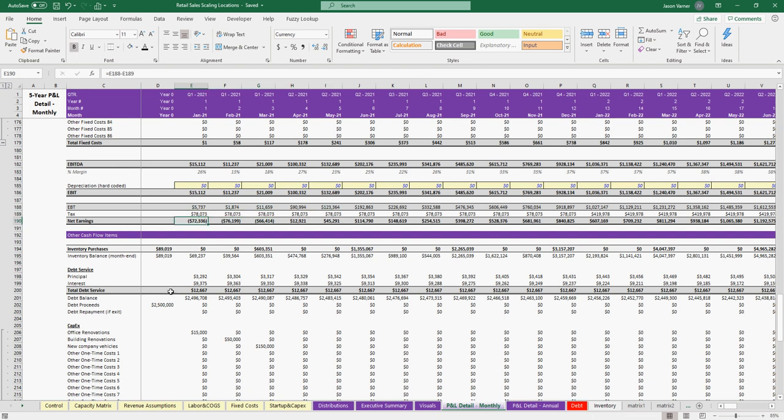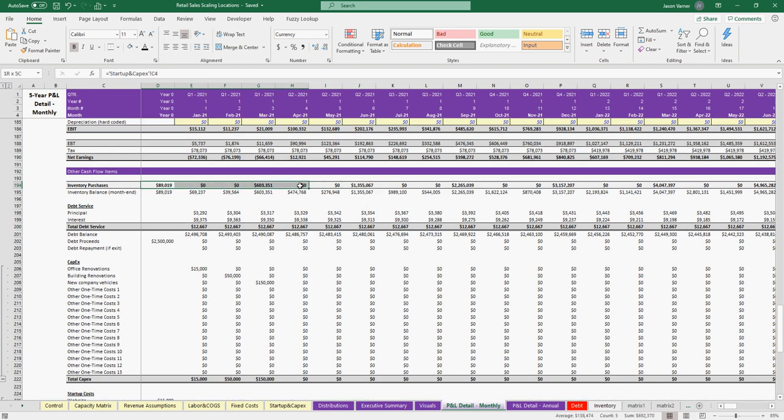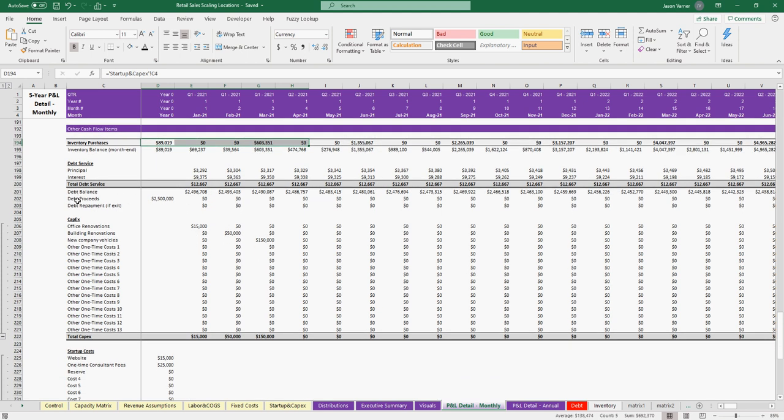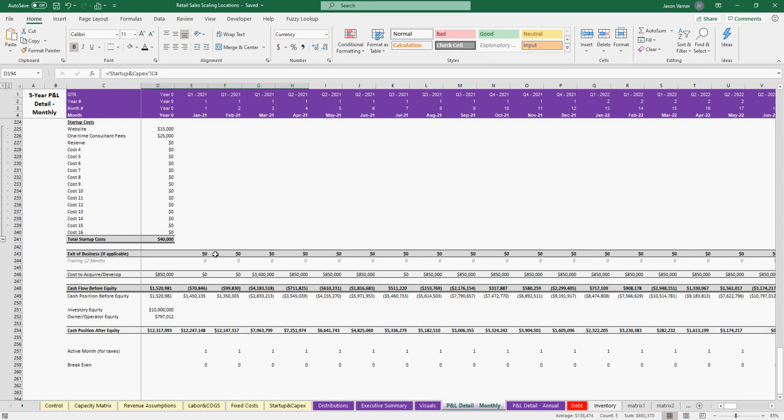Then net earnings. Then we got other cash flow items, so we're adding back in inventory, or we're taking inventory out here. We're adding back in the cost of goods sold, debt service, debt balance, debt proceeds, debt repayment, capex, startup costs, exit of business if applicable, and then trailing 12 months.